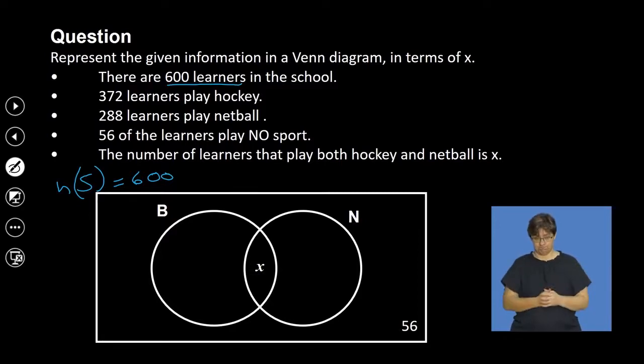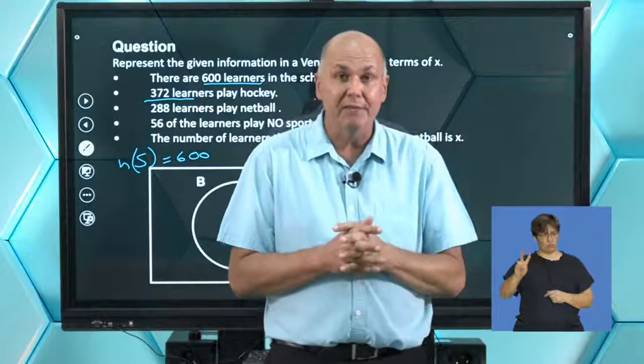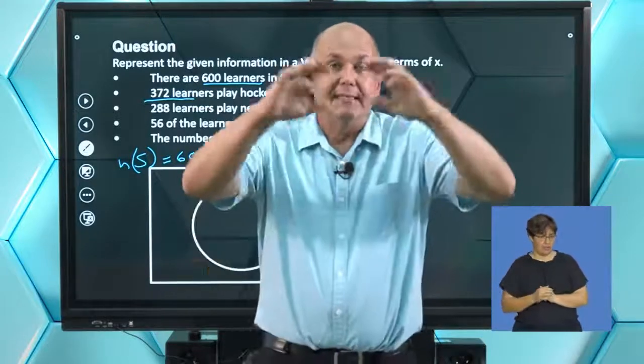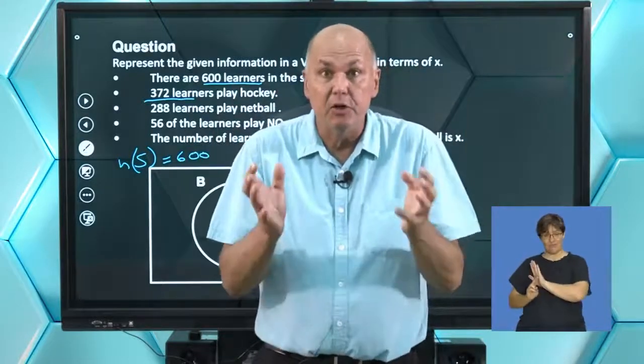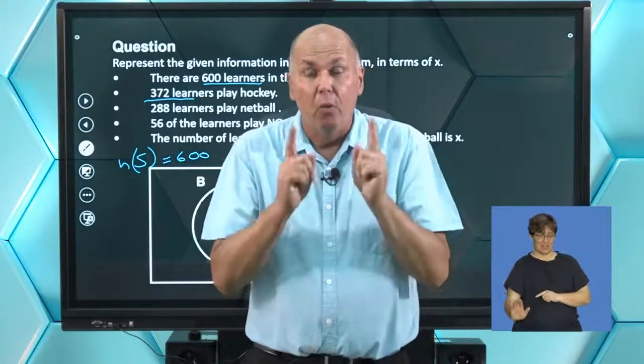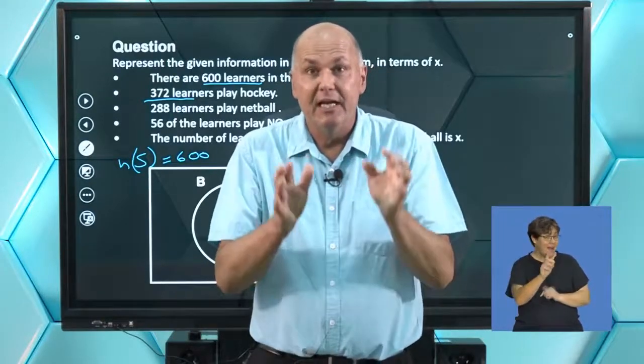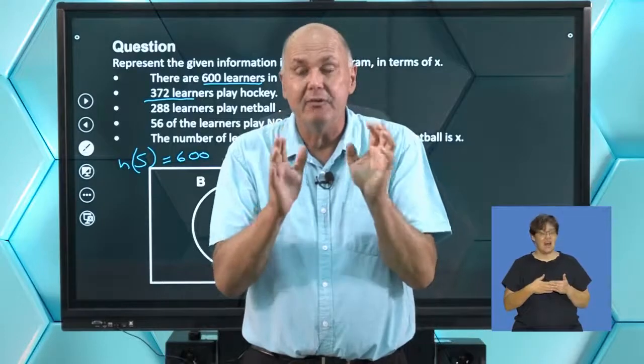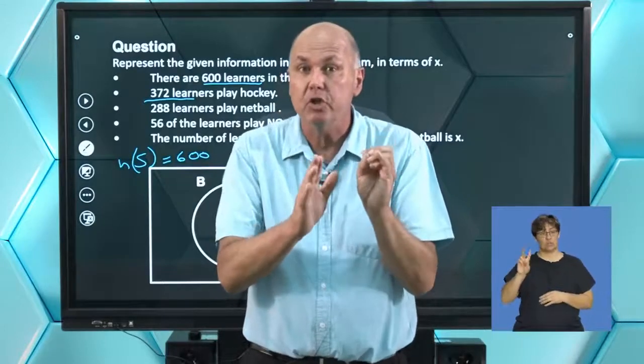Now, let's deal with those that play hockey first of all. 372 learners play hockey. Now, we've got a set that represents those that play hockey. What we've got to be careful about is when we write that 372, where should it go?